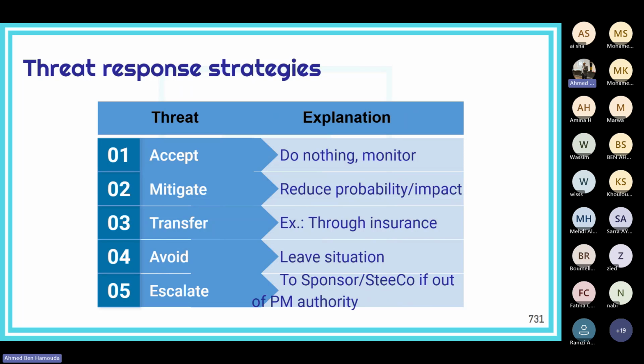But remember, in case you decide to escalate the risk, there is nothing more you can do. That's it. You have done your job. No further action is required from your side.